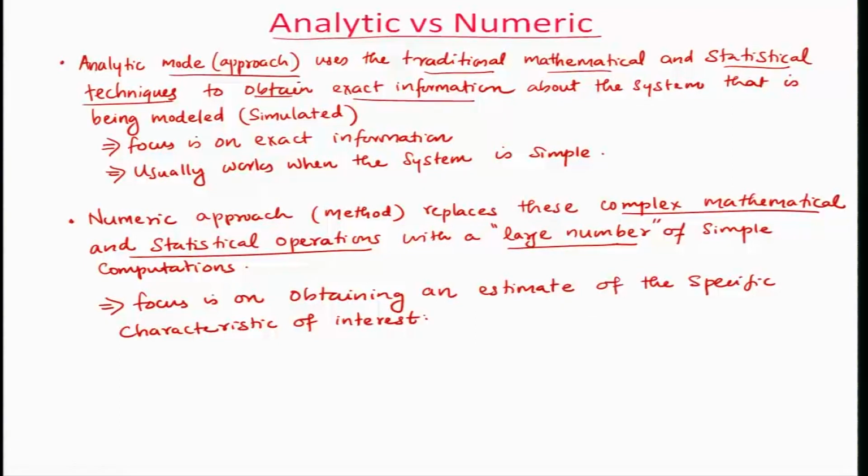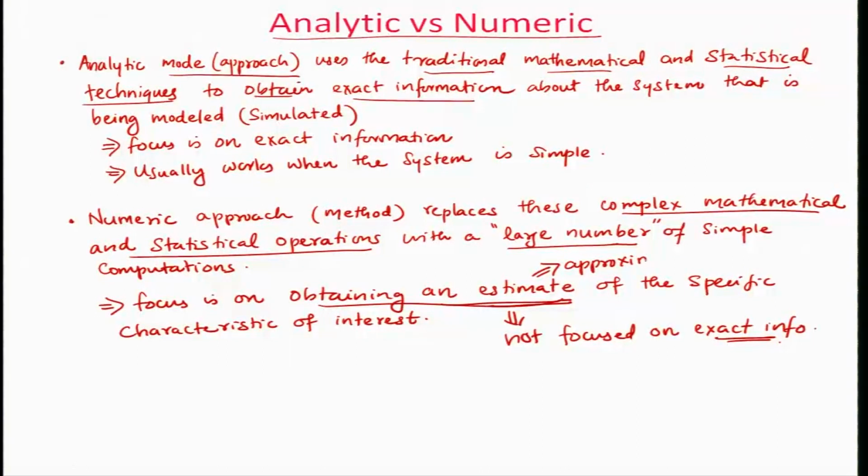So, the idea here is that our main aim is obtaining an estimate, not focused on exact information. We do not look for the exact info, instead we want an estimate. An estimate, in another way to think about it, is an approximation. You want to estimate the specific characteristic of interest.